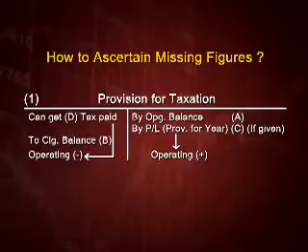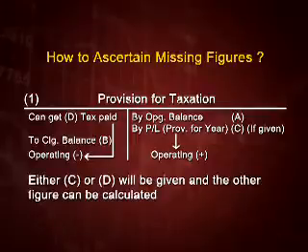Now this tax paid will be deducted from operating activity in the end, and the profit and loss provision for the year will be added in operating activity in non-cash items. So either C or D will be given and the other figure can be calculated very easily.